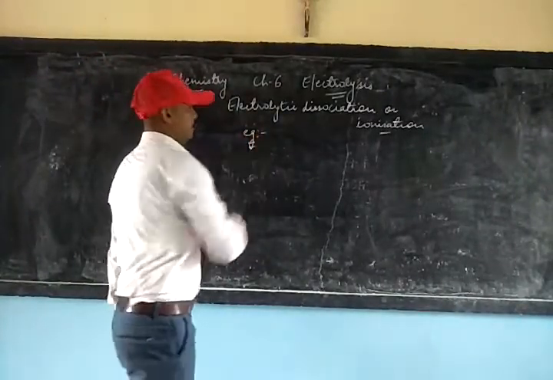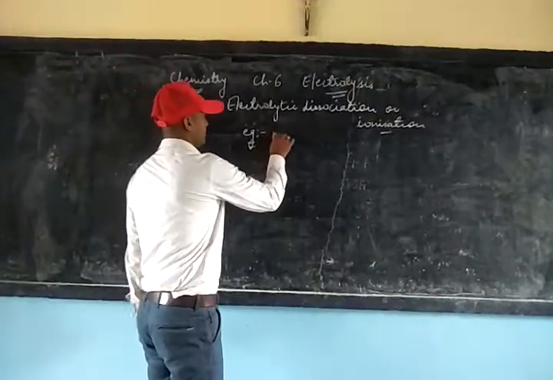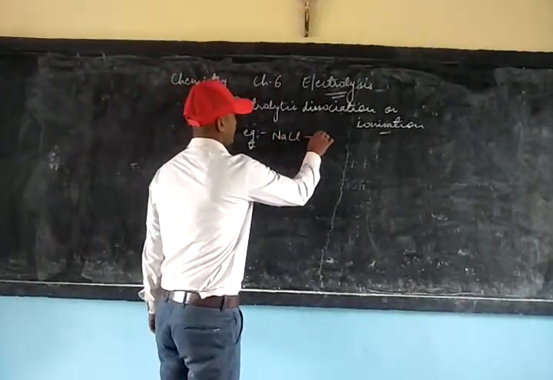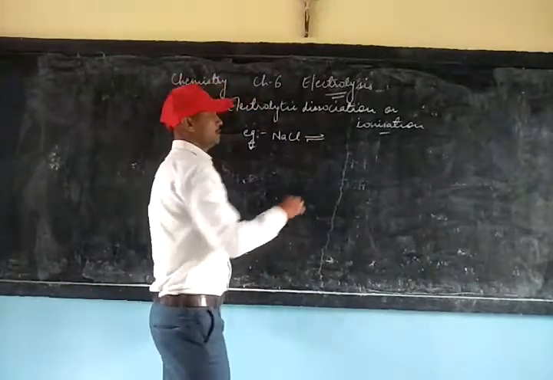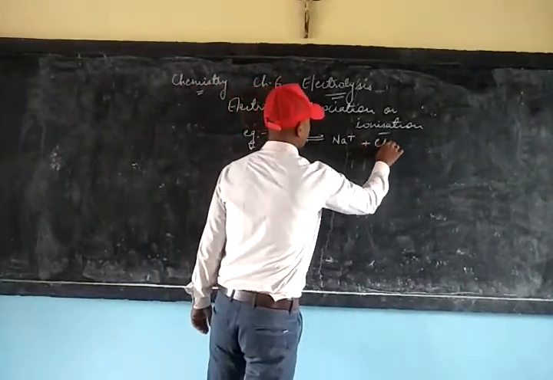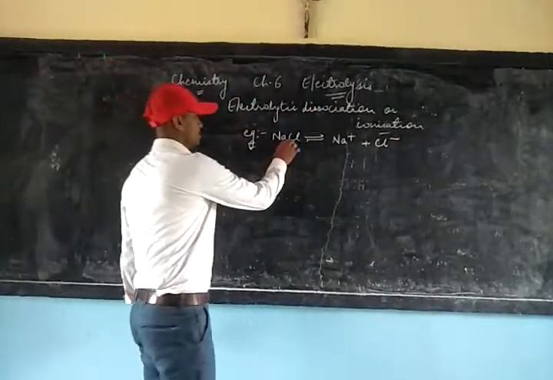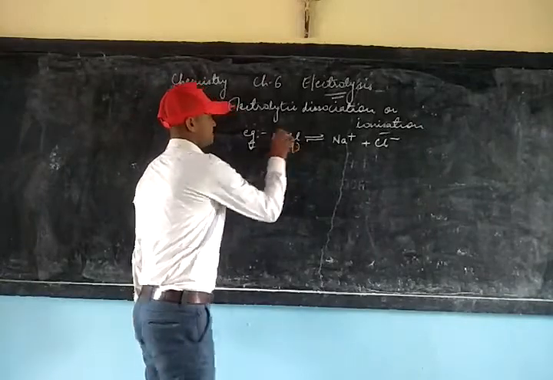We can start by taking an example of sodium chloride. On passing current, it decomposes to give Na plus and Cl minus. Of course, we have to take an aqueous solution of NaCl.